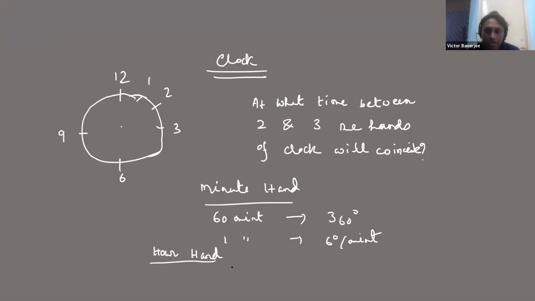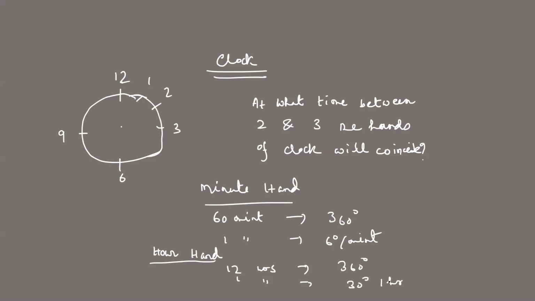So in 12 hours, it completes 360 degrees. So in 1 hour, by the unitary method, it will be 360 by 12, that is 30 degrees per hour. So we can consider 1 hour equal to 30 degrees. So what is 2 hours? 60 degrees. What is 3 hours? 30 into 3, 90 degrees, right? Right, Vishal? Yes, sir.